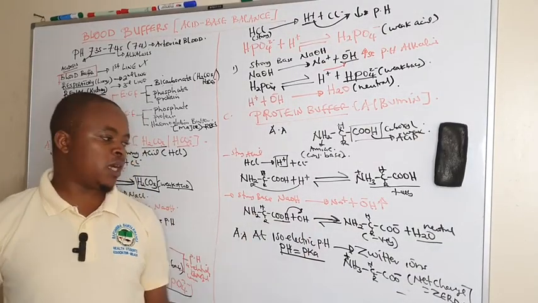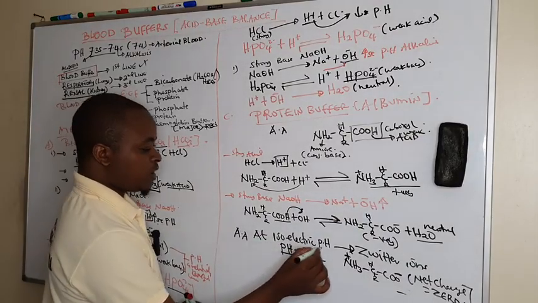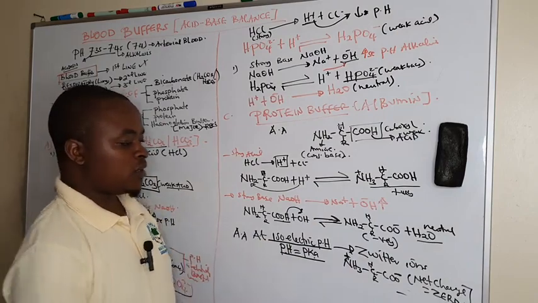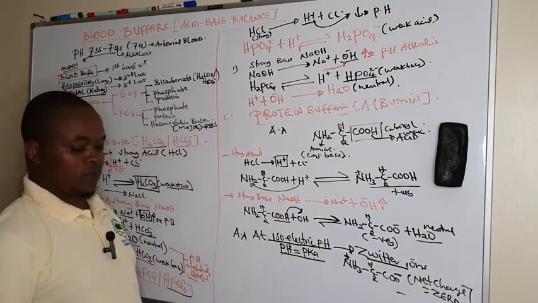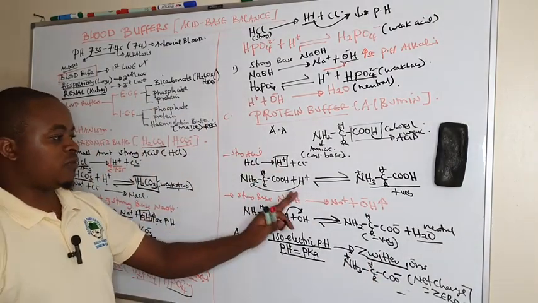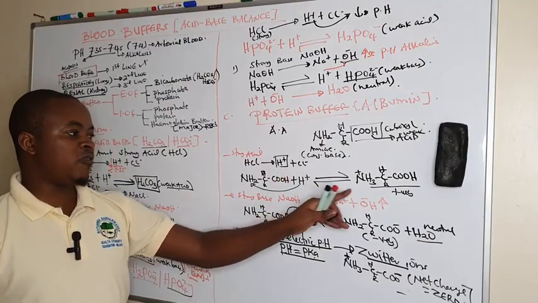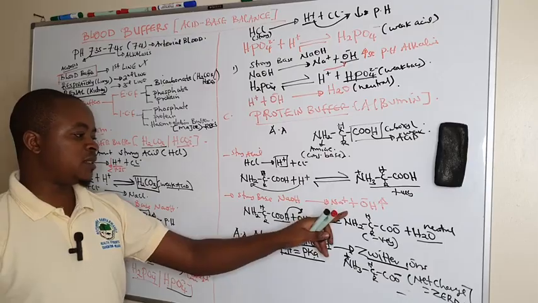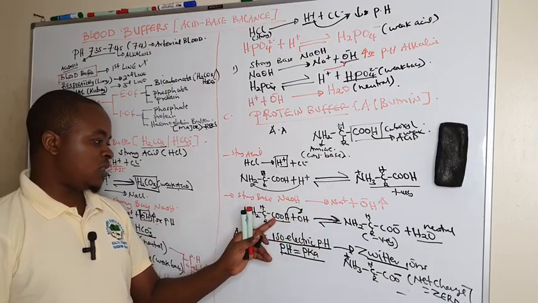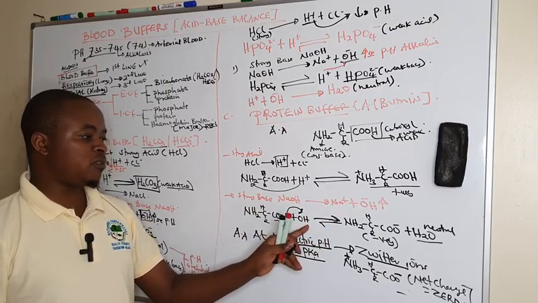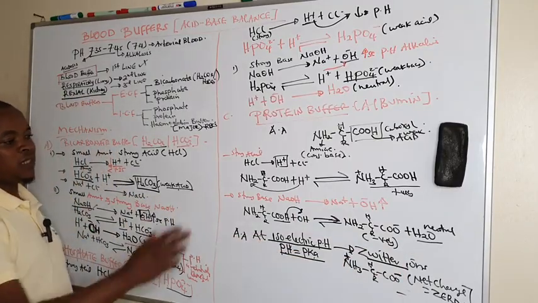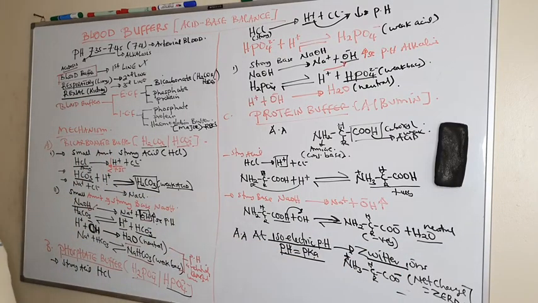So amino acids at isoelectric pH, whereby the pH is the same as the pKa, exist as Zwitter ions. But here the mechanism of action, we have seen how they buffer an acid by forming an ammonium, and also how they buffer the base by the carboxyl group donating a proton to form water. So this is the mechanism of action of a protein buffer in the body.